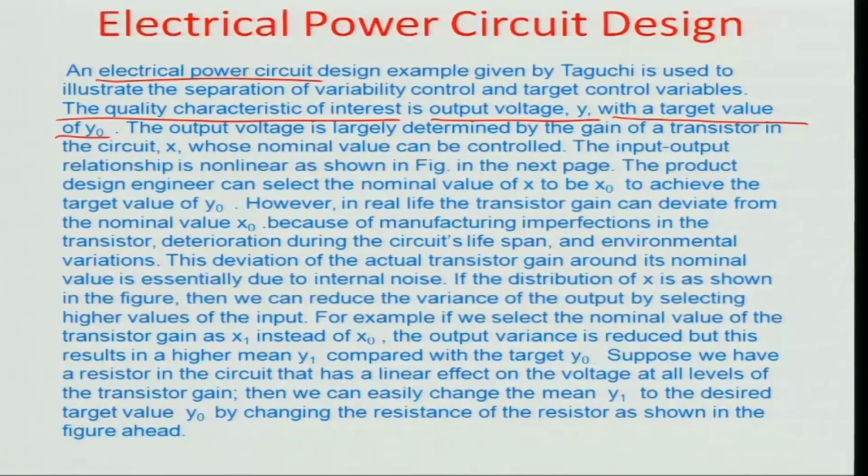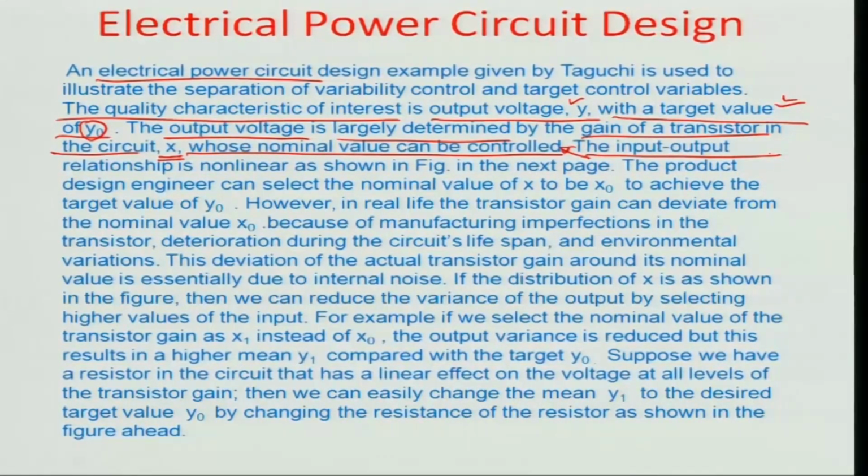The output voltage is very largely determined by the transistor gain, represented by the parameter X, whose nominal value can be controlled within a certain range, and the input output relationship of Y versus X is a non-linear relationship as shown in the figure.